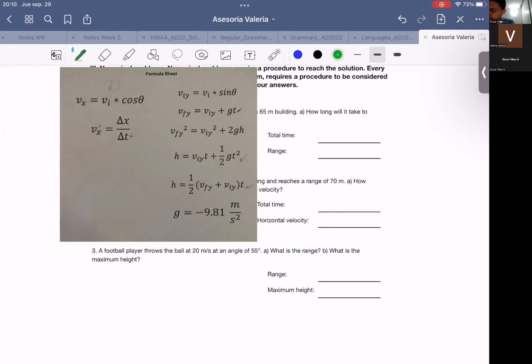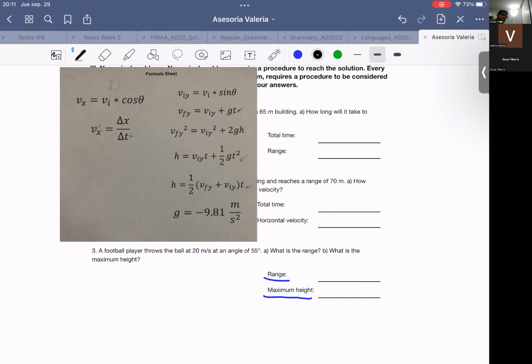It says a football player throws the ball at 20 meters per second at an angle of 55 degrees. What is the range and what is the maximum height? Okay, they are asking us basically the range and maximum height.